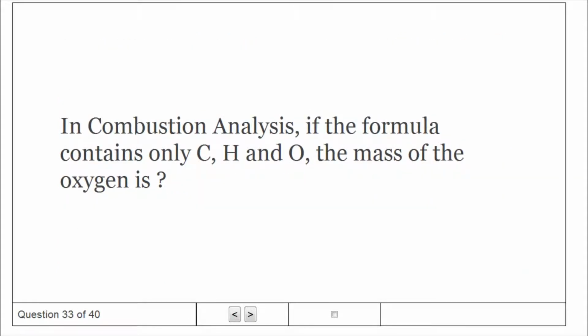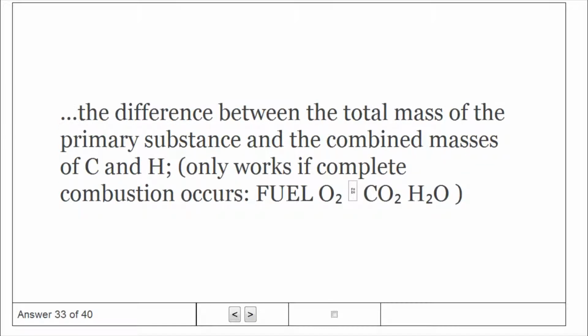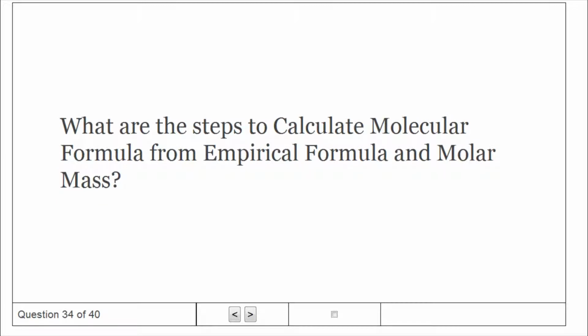In combustion analysis, if the formula contains only C, H and O, the mass of the oxygen is the difference between the total mass of the primary substance and the combined masses of C and H. What are the steps to calculate molecular formula from empirical formula and molar mass? 1.